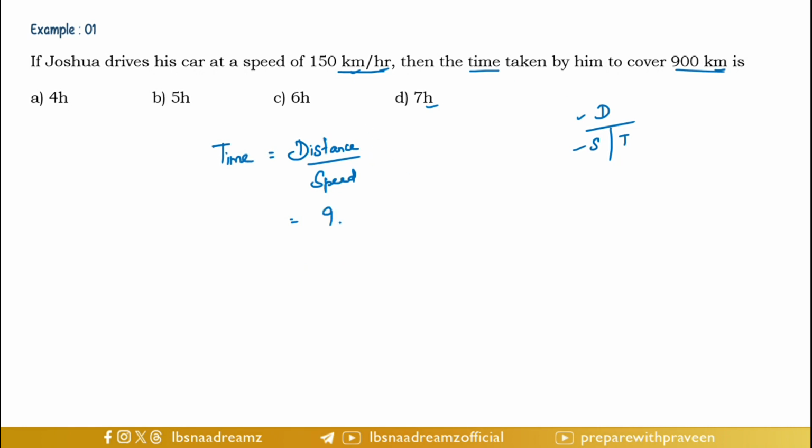Distance 900 divided by speed 150. 15 fours are 60, so 90 gives 6... The time taken by him to cover 900 kilometers is 4 hours. So option A is the right answer. Right?